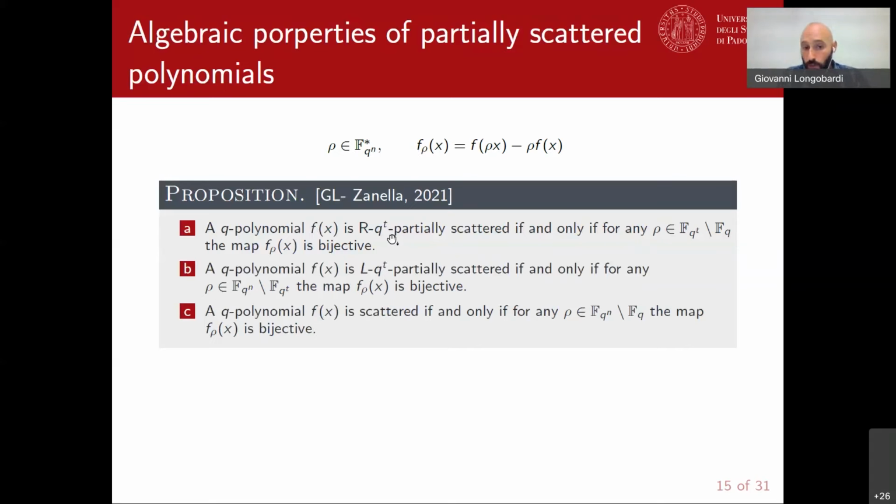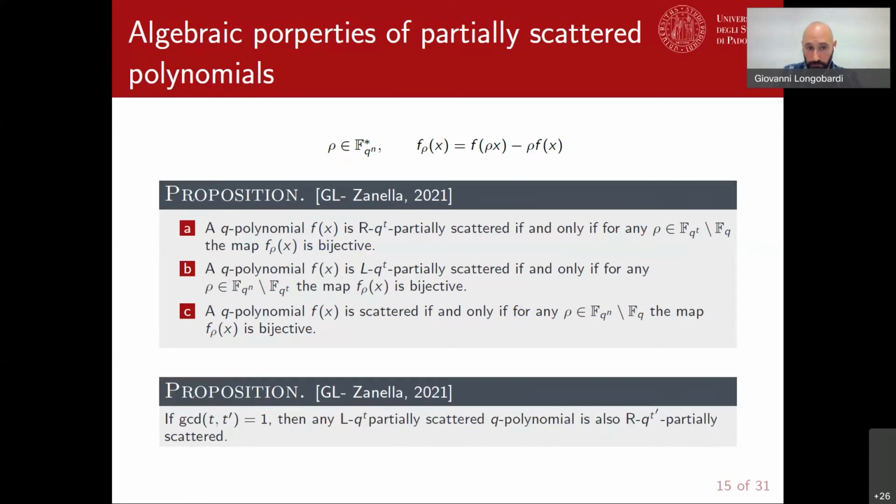It is R, q^t partially scattered, L, q^t partially scattered, or scattered if and only if this map, for any rho inside this set, F_{q^n} minus F_{q^t}, or F_{q^n} minus F_q, is bijective. So it is a very simple, trivial result from the definitions that we made before.